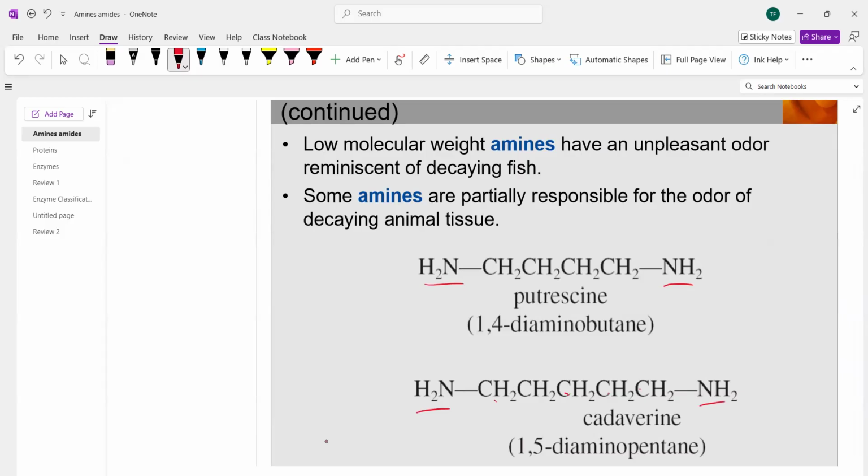Okay, so to name this would be the common name. This would be the IUPAC.